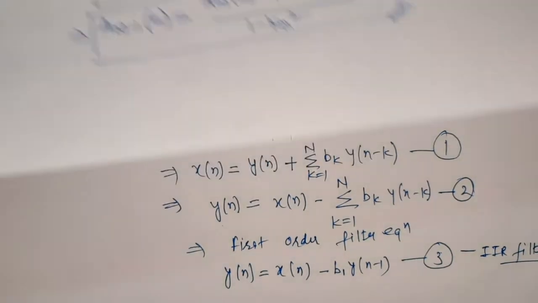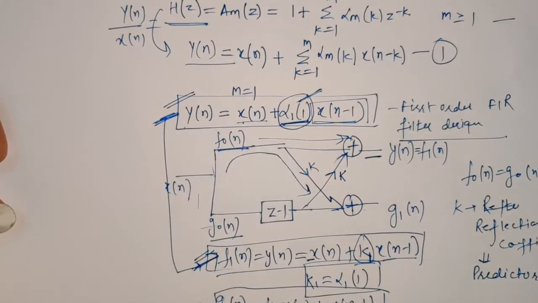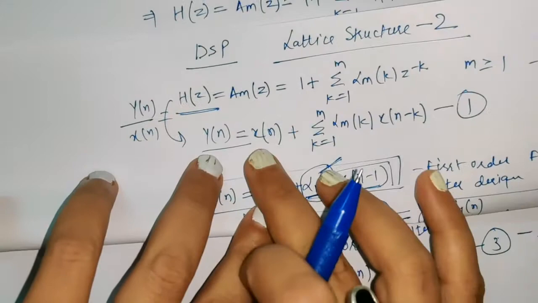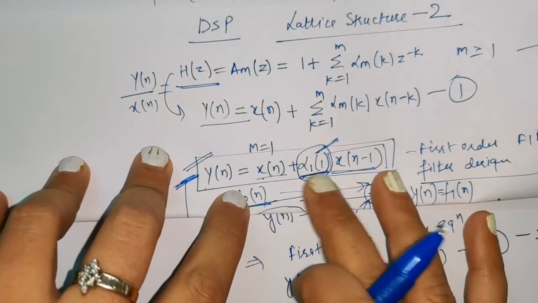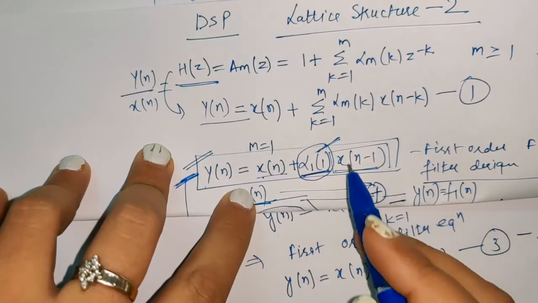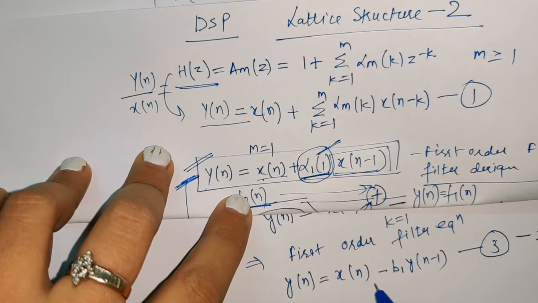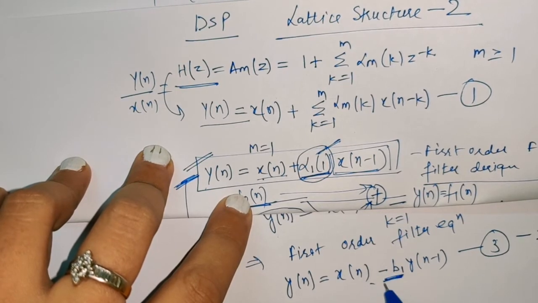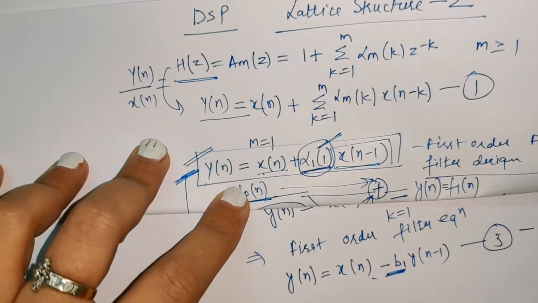Now consider the previous case here. In this case, for the FIR filter, what was our yn? Our yn was this. See here, this yn was xn plus alpha 1 xn minus 1. So if we compare these two equations, what is the difference between them? The only difference is that the inputs and outputs are getting interchanged.